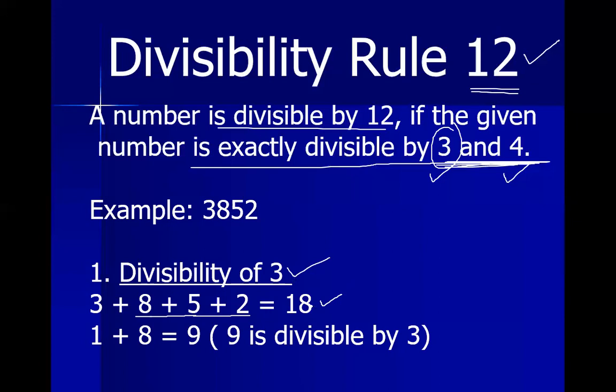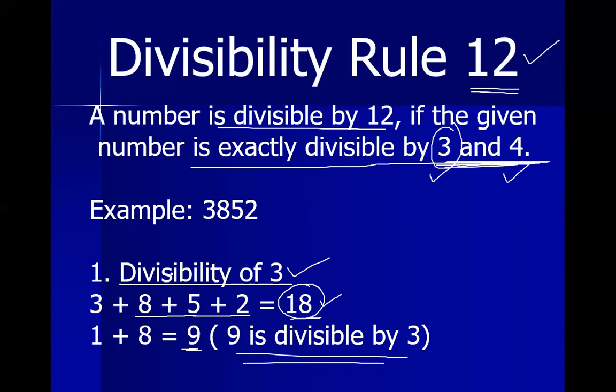Or you can apply the rule one more time on 18: 1 plus 8 is equal to 9, and 9 is exactly divisible by 3. So this is valid for 3.